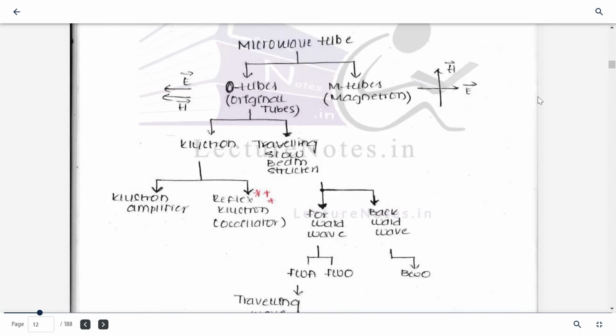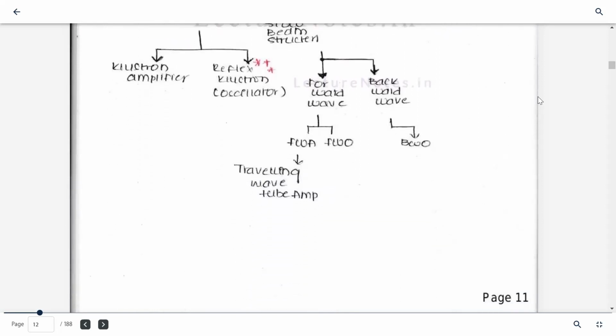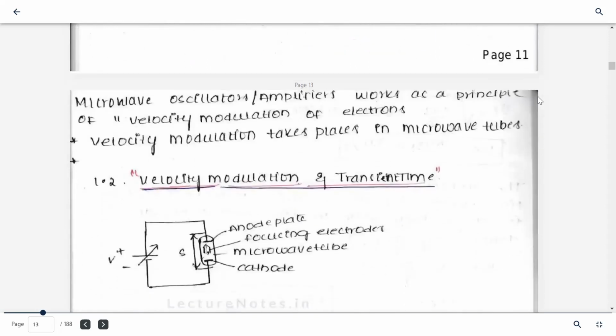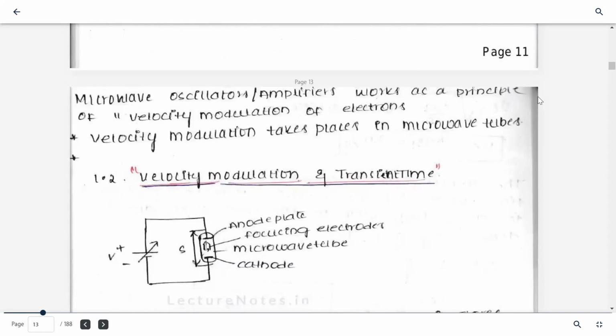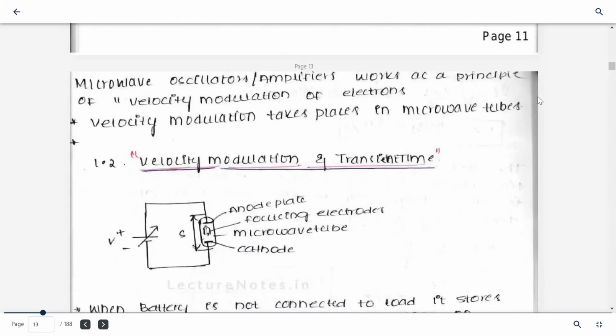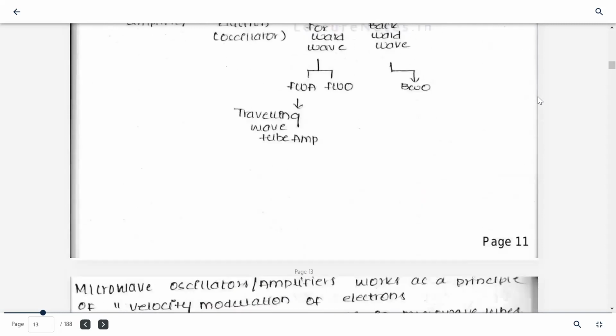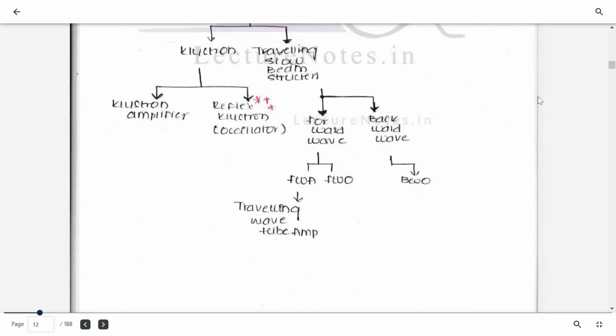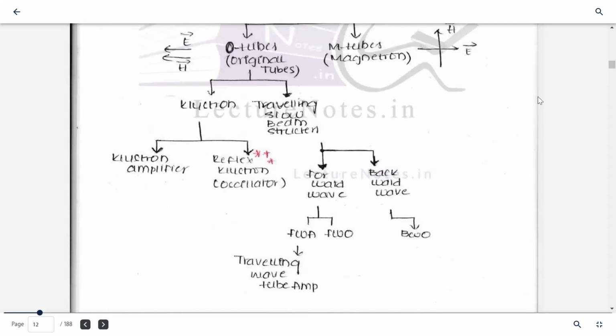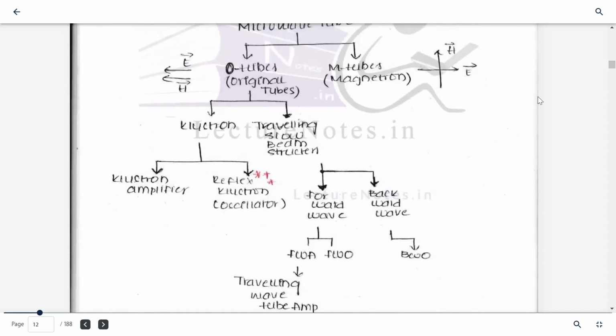Let's discuss the klystron. Klystron is a widely used microwave amplifier, and it operates on the principle of velocity and current modulation, and it is of two types: two cavity klystron or multi-cavity klystron, and reflex klystron.